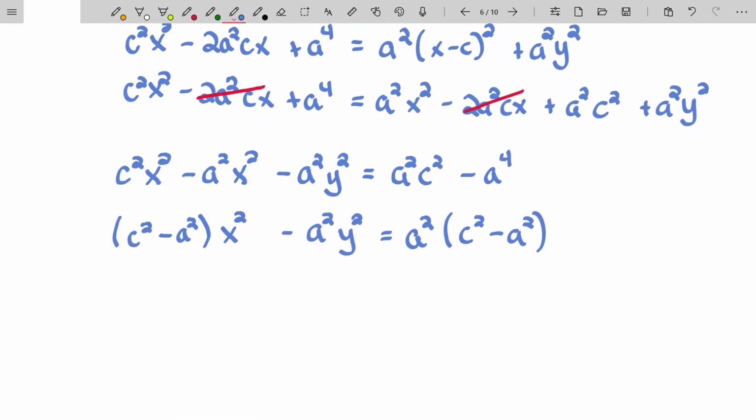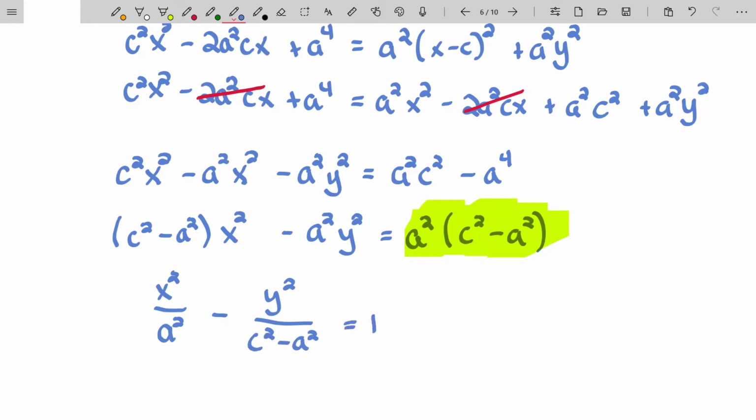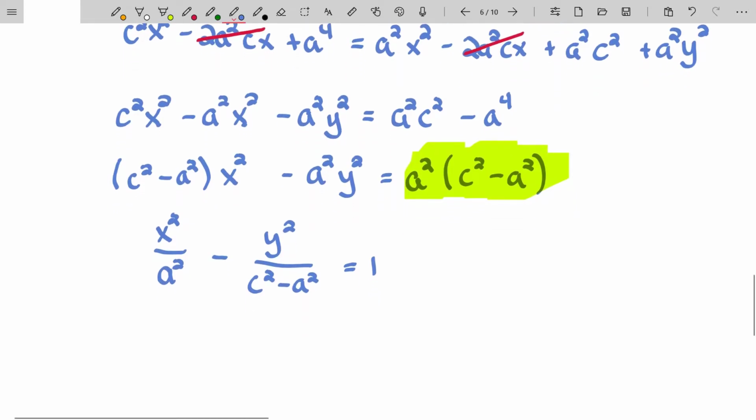Okay, now I'll divide everything by a squared times the quantity (c squared minus a squared). When you do that, you get x squared over a squared minus y squared over (c squared minus a squared) is equal to 1. Yay, we're down to that point right there.